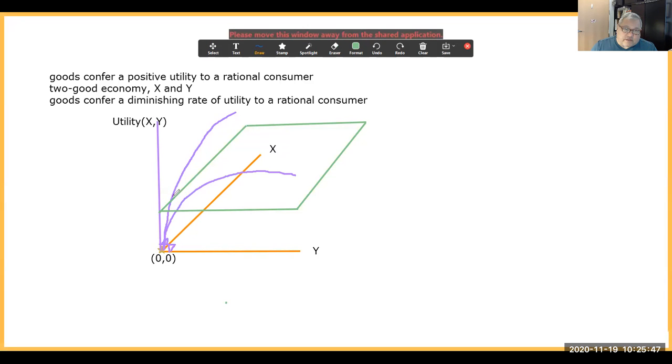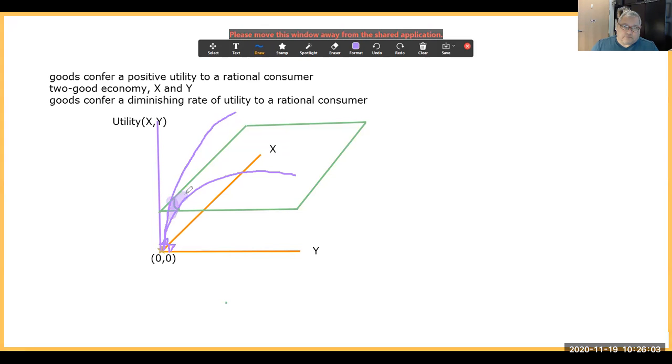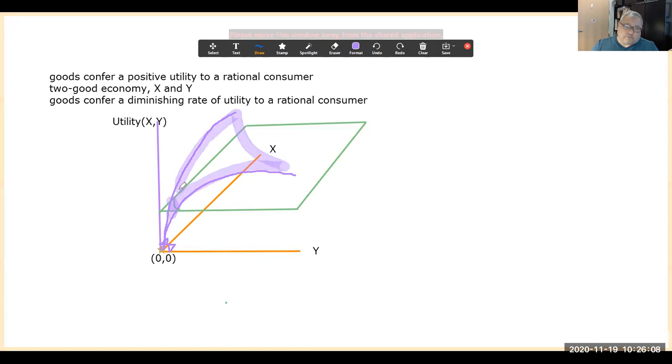So where the plane cuts the purple surface or sheet, that's where we have a particular trace.